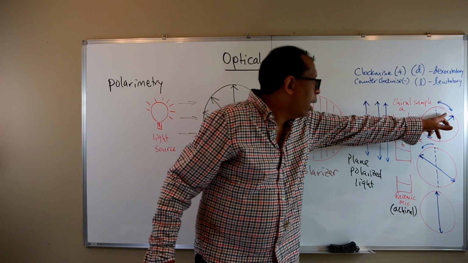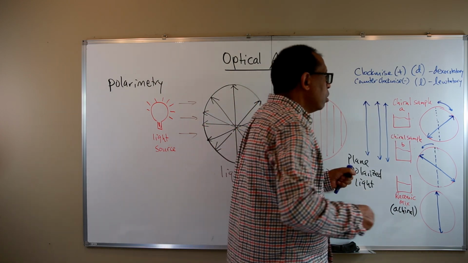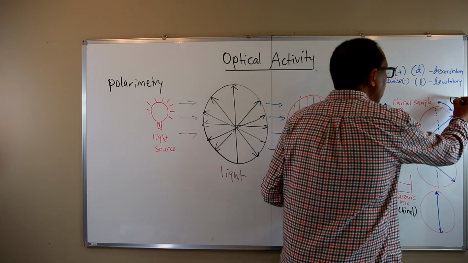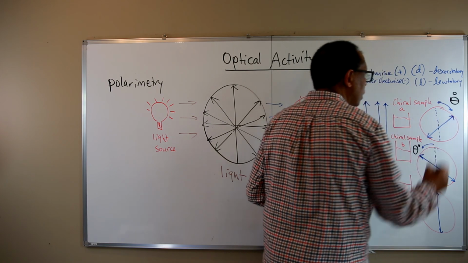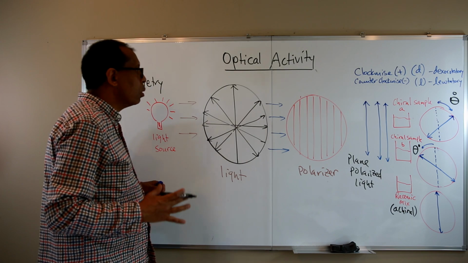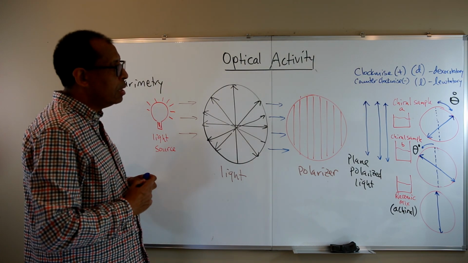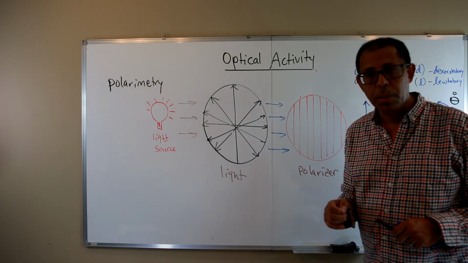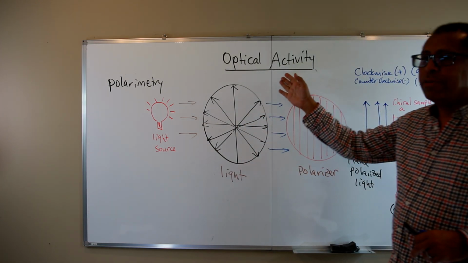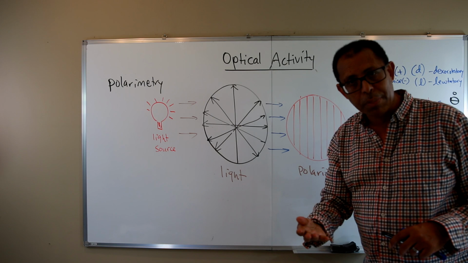And the values are measured in degrees. So the optical activity is measured in theta, in degrees. Overall this is called polarimetry. That's how we measure the optical activity of any chiral compound. So optical activity is a property of chiral compounds.